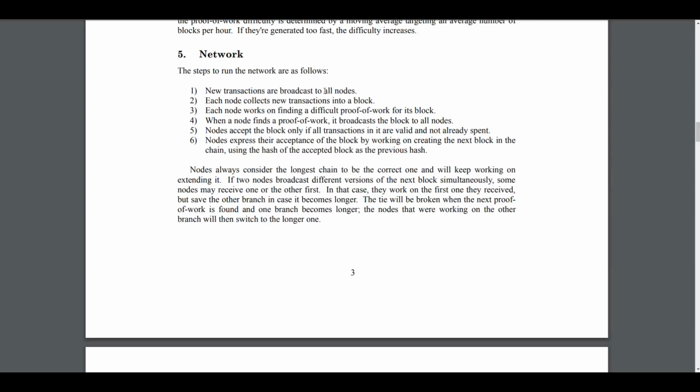Now, what I find actually pretty interesting, and this is what kind of gives credence to the idea that maybe Satoshi understood small world theory, is that it says specifically that new transactions are broadcast to all nodes. I just find that interesting. Why is it written specifically that you have to broadcast everything to all the nodes, right? Right.